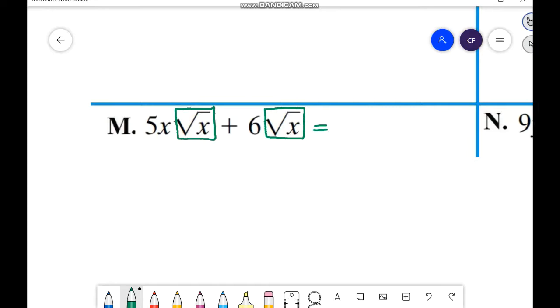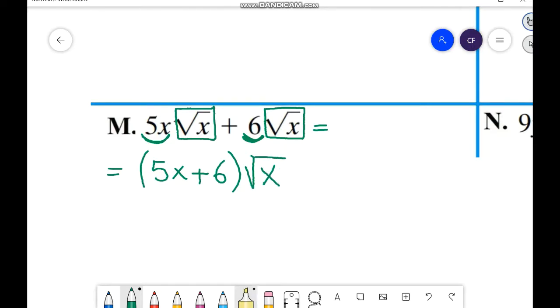If we can find the like radical, we just combine the expressions that are multiplied by it. So this equals 5x plus 6, and then you factor out the square root of x. This is the answer we're looking for.